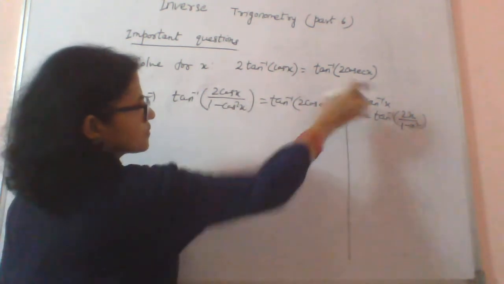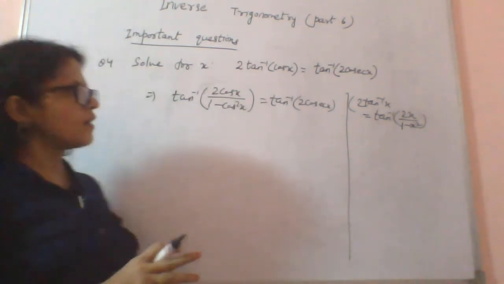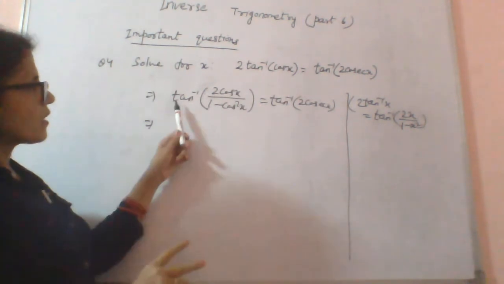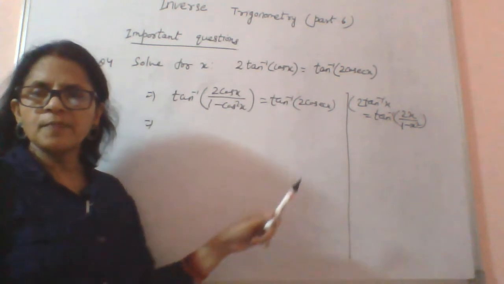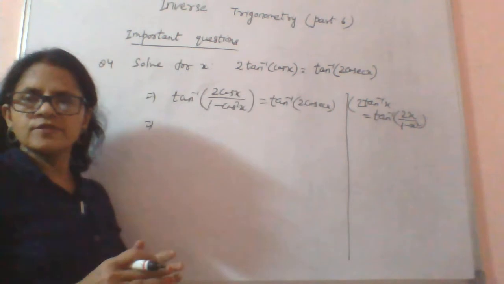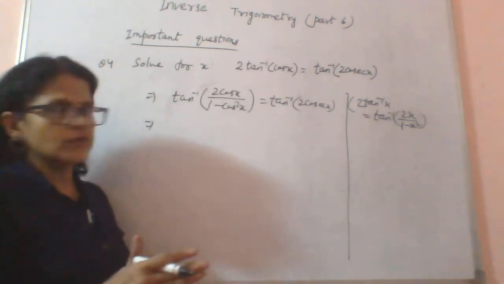Okay, using this, 2 tan inverse x equals tan inverse of 2x by 1 minus x square. So tan inverse x equal to tan inverse y implies x equal to y, because any inverse function is 1-1 and onto, right?